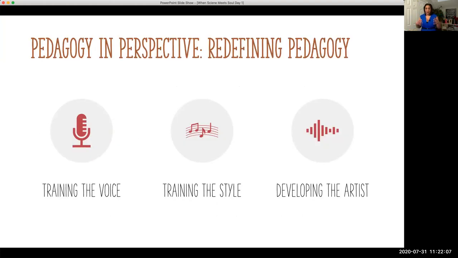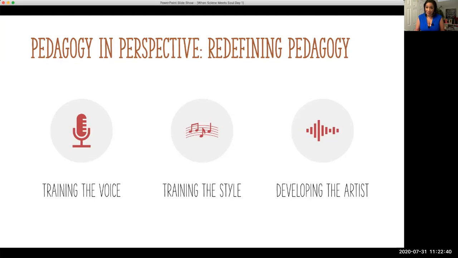So again, pedagogy, voice teaching in perspective. It is our job now to help redefine what that means. We have been conditioned to accept certain cultural practices in terms of how we teach formal pedagogy based upon classical European teaching models.